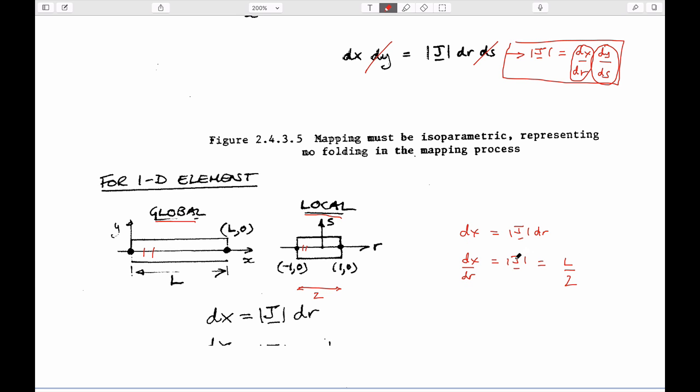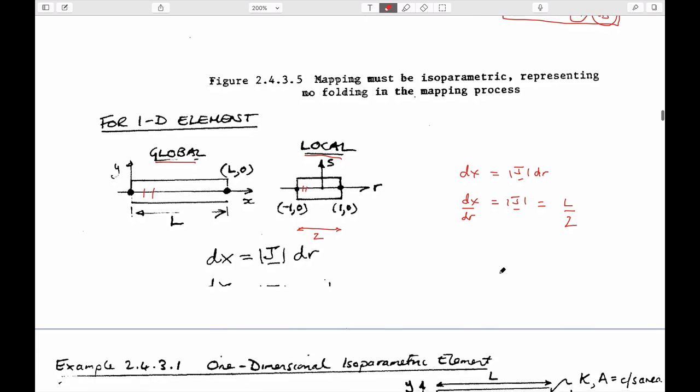And therefore the magnitude of this mapping function to move one to the other is just L over 2. Nothing more than that. And so that's basically the idea.